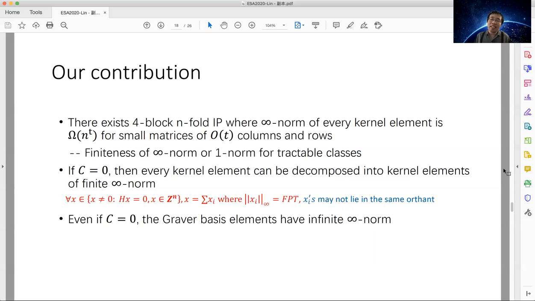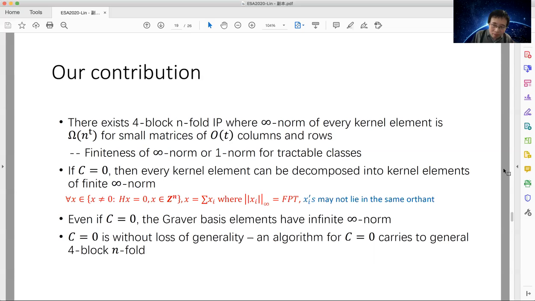This basically means that we no longer have the nice property that each kernel basis element is bounded by FPT. So we lose this fact if we restrict that they must lie in the same offset.